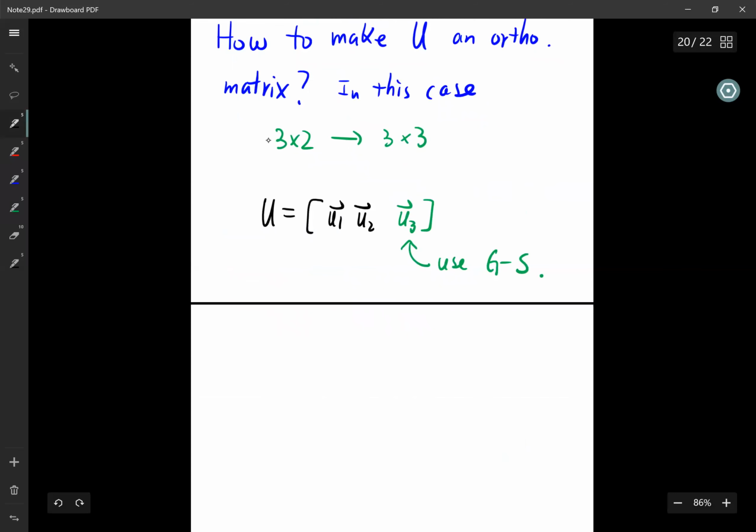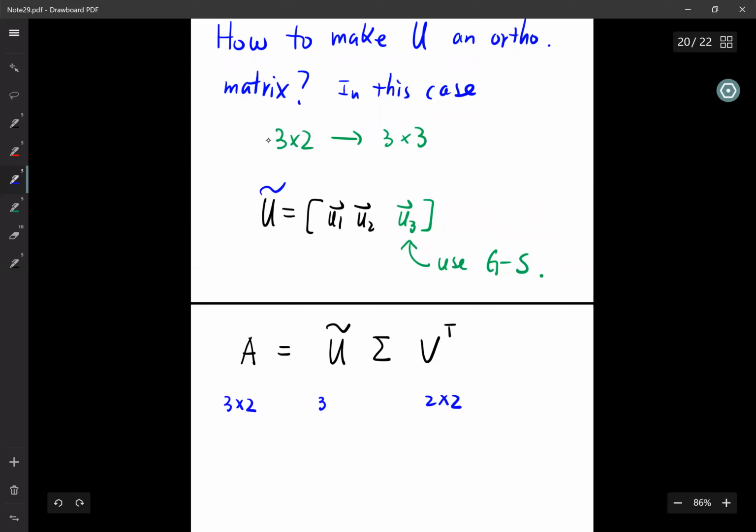So now let me call this U, and put a U tilde here. Now I want to have U tilde sigma V transpose. This is still a 3 by 2 matrix. I'm not touching this.